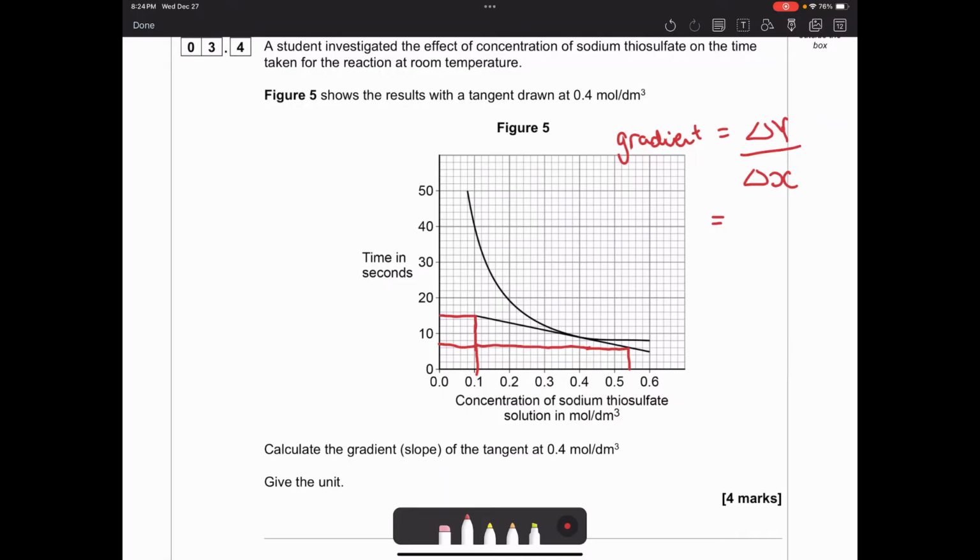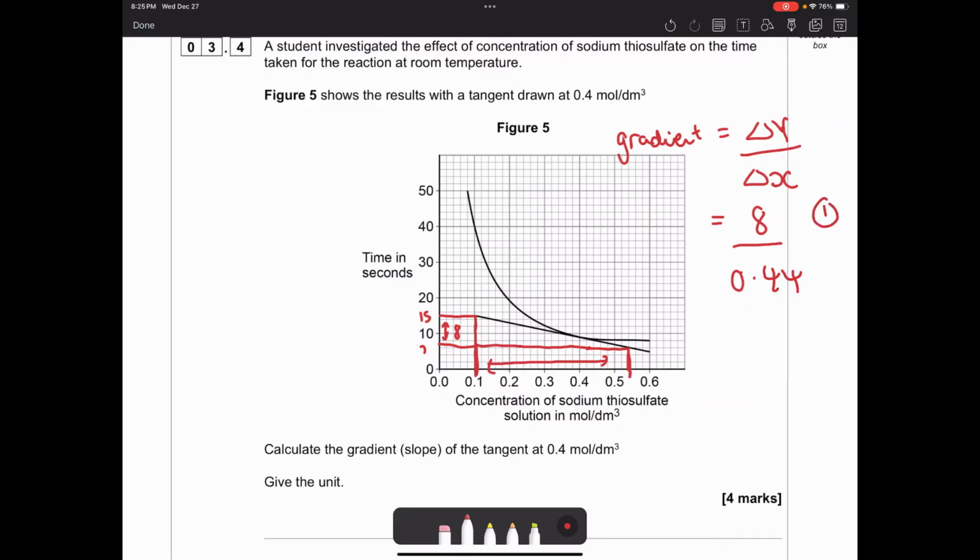My y value goes from 7 up to 15, so my change in y is 8. My x value goes from 0.1 up to 0.54 at this point. So my gap on the x-axis has gone up by 0.44, because it started at 0.1 and went to 0.54. Okay, so you get 1 mark. It doesn't actually matter what numbers you choose to pick off.